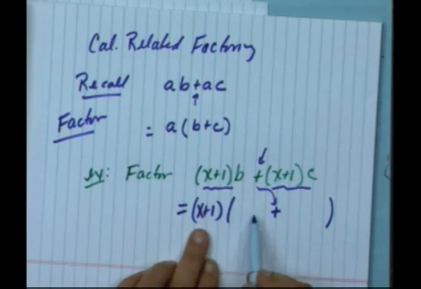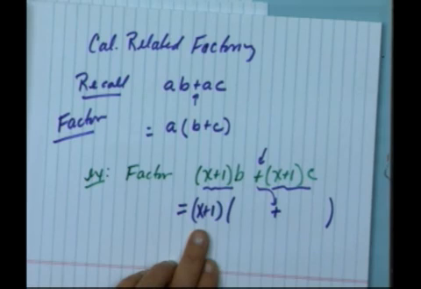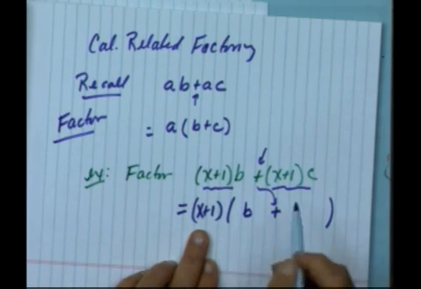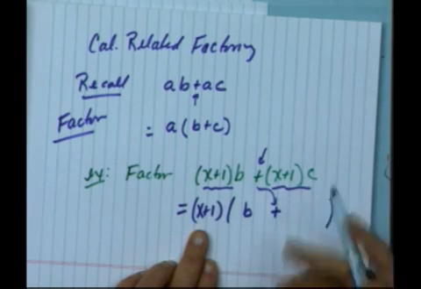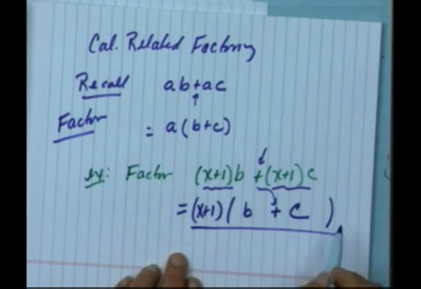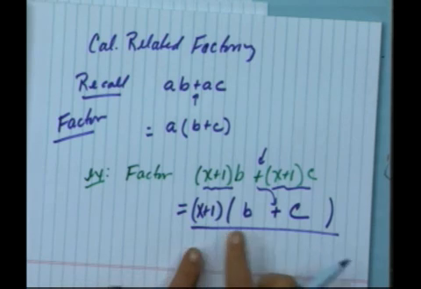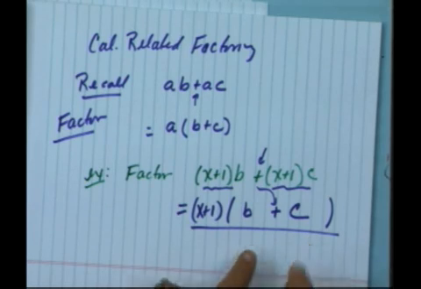So x plus 1 times what gives me x plus 1 times b? And everybody says b. And x plus 1 times what gives me x plus 1 times c? And everybody says c. So this is now completely factored: x plus 1 times b plus c. Everybody good? All right, I'm going to keep building on this before we jump on the sheet.